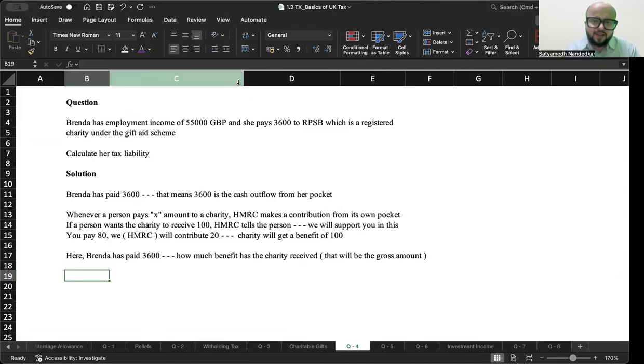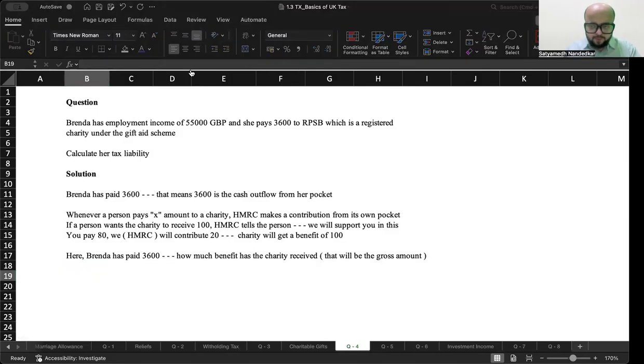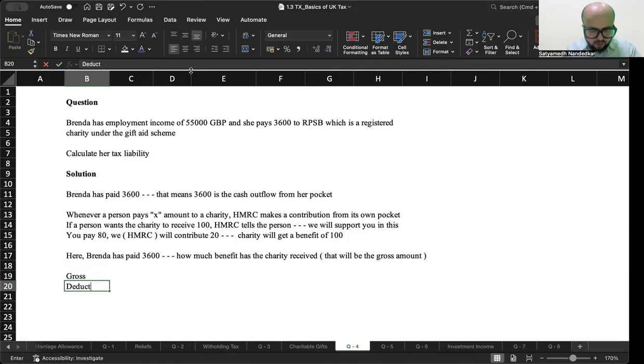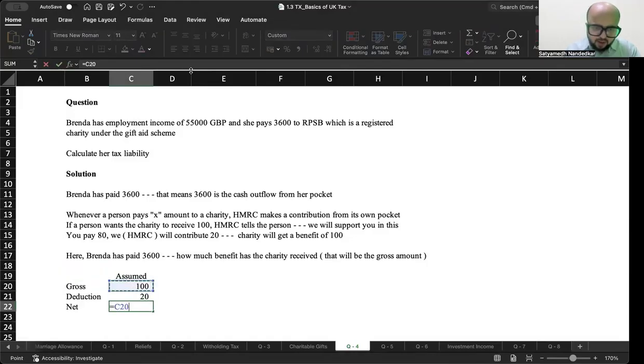Now let's see how this part also works. Gross, then deduction, then net. Let us take some assumed values. Gross is 100. Deduction is 20, net amount is 80, right?